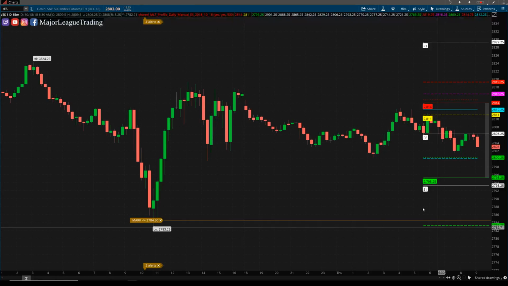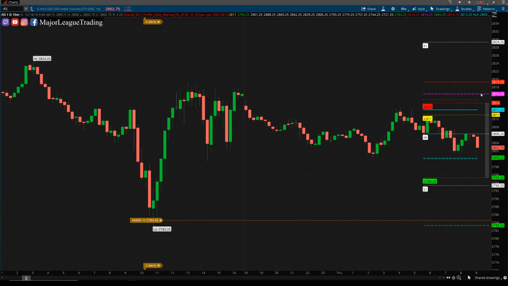Settlement was 2816.25, near the top of the range. Bell area high 2814, bell area low 2795.25. European close 2800 even. Volume on the session 1,883,000 contracts. Overnight high 2814.75 right at the open. Overnight low 2800.25.